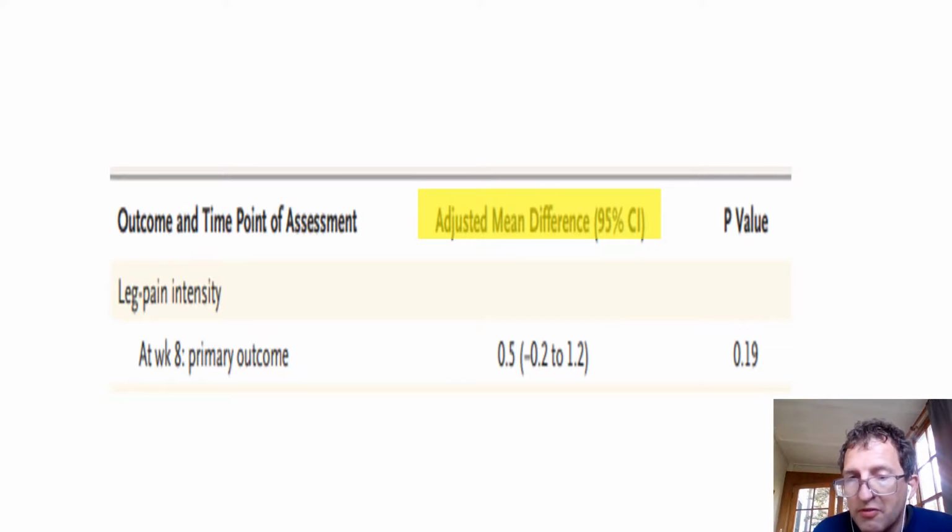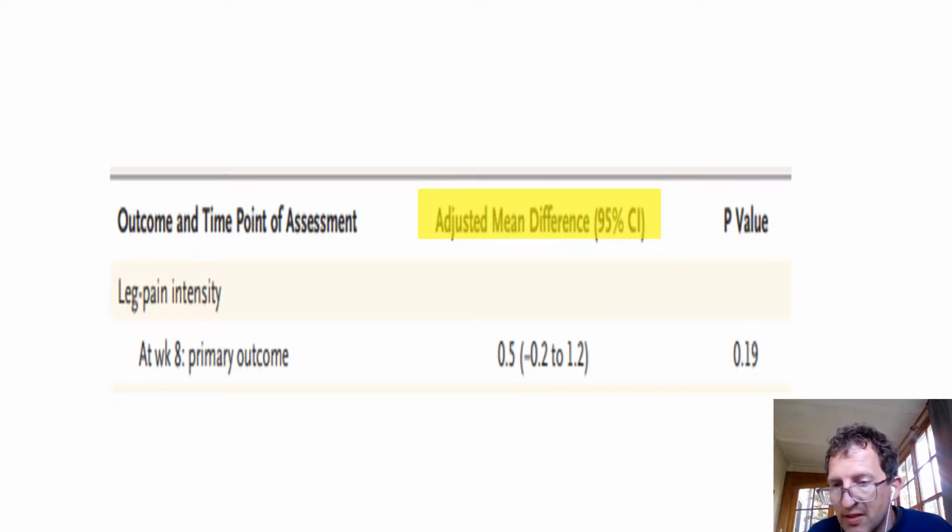adjusted mean difference, so it's a difference. It's one thing subtracting another. What they've done is the outcome was a pain score from 0 to 10 at the 8-week mark for leg pain, and they subtracted the mean pain score in the control group, the placebo group, from the mean pain score of the group who were getting pregabalin, and that gave us this mean difference.